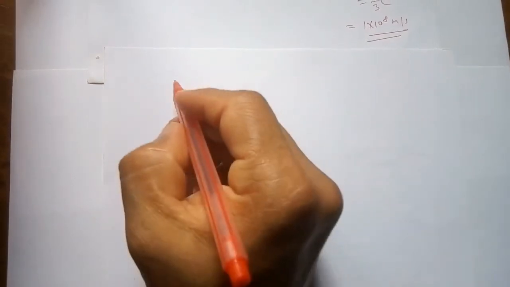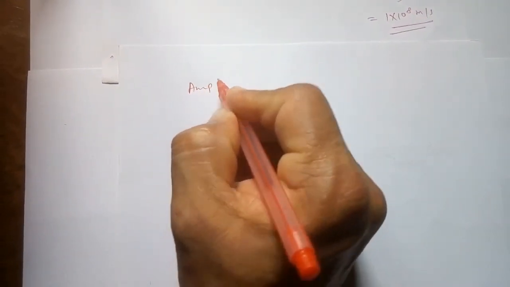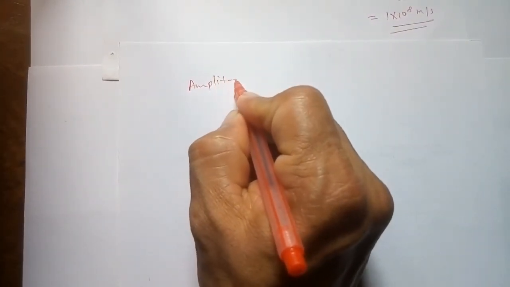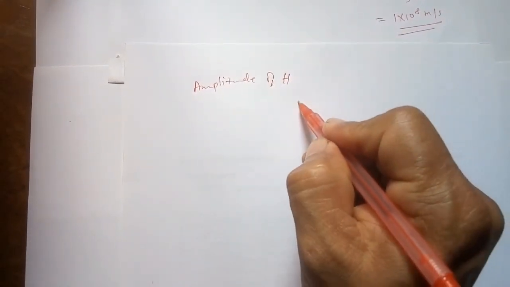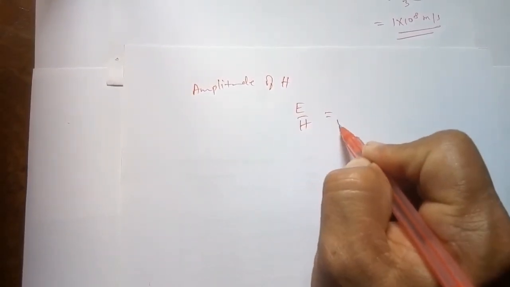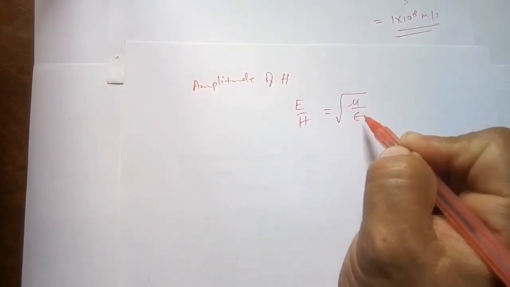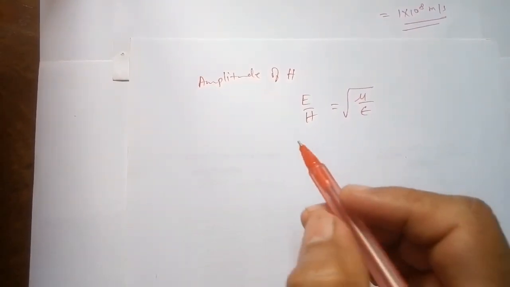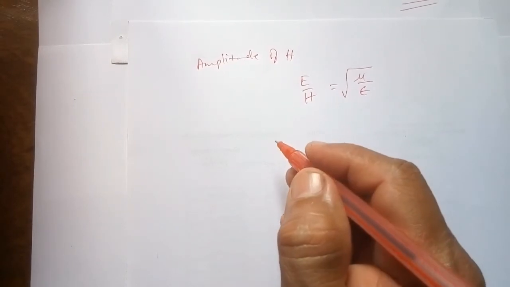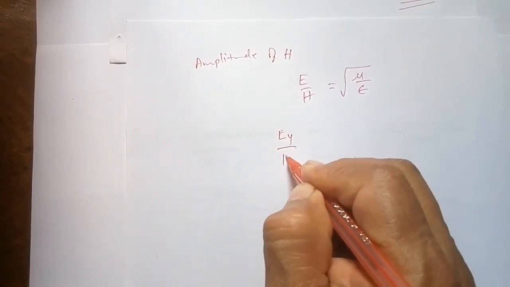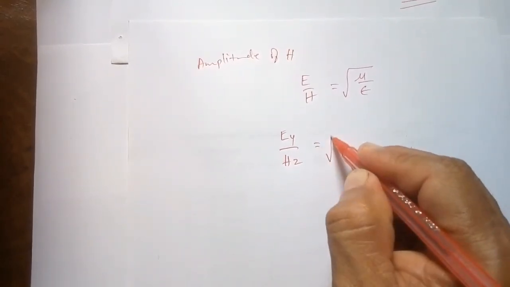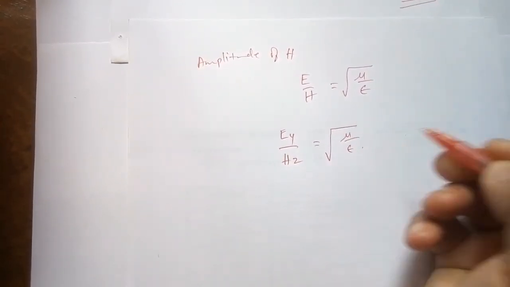So the concerned components are Ey and Hz. So the amplitude of H is given by E by H is equal to root of mu by epsilon. Since the concerned components are only Ey and Hz, Ey by Hz is equal to root of mu by epsilon.